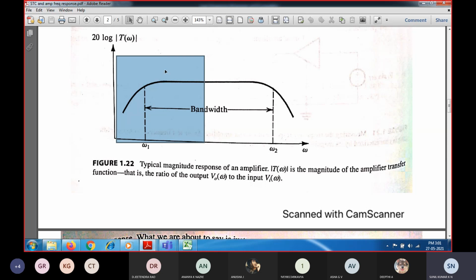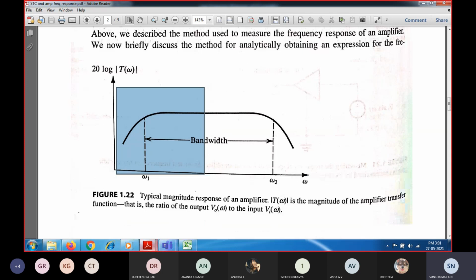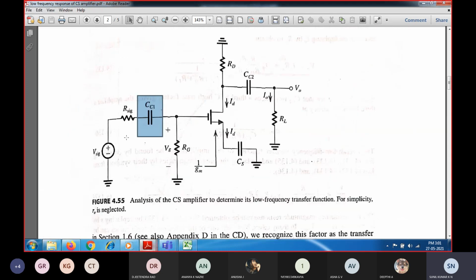So this type of frequency response we will be getting because of the external coupling capacitors CC1, CC2 as well as the stray capacitance CL. Now we need to consider that all three capacitors are there, one at the input side, another also at the input side, and another one at the output side terminal.